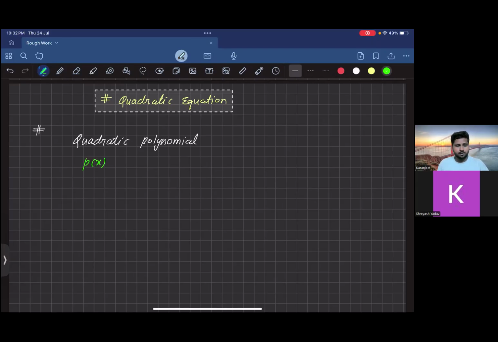Basically, any polynomial is represented by P of x. P of x is equal to ax square plus bx plus c. Here, the values of a, b, and c all belong to real numbers, but a cannot be equal to 0.